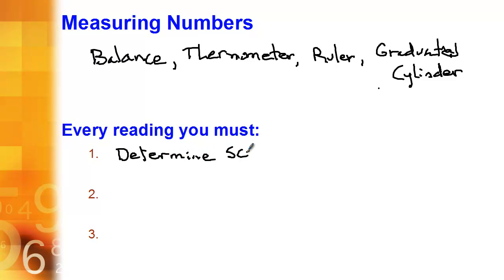Determine the scale. What I'm talking about here are the markings on the tool. Or you could call them graduations, as in graduated cylinder. That's talking about the markings. That's the first thing. Look at the scale. What is the scale telling you the markings are?